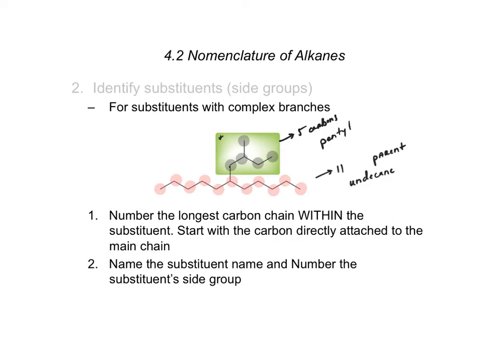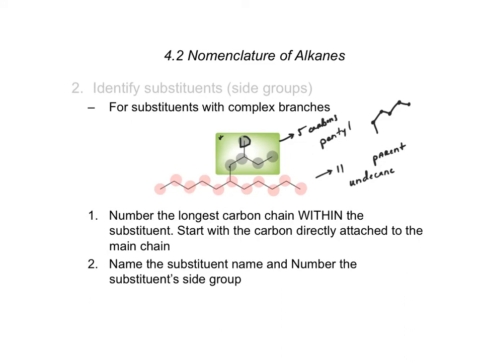The problem with that, though, is that pentyl is actually just a continuous chain of carbons, right? So a pentyl group would look something like this, where we have 1, 2, 3, 4, 5, and that is not what we have over here. So this is what is called a complex substituent, where we have a substituent that has branched off another substituent. Now, how are we going to go about naming this?